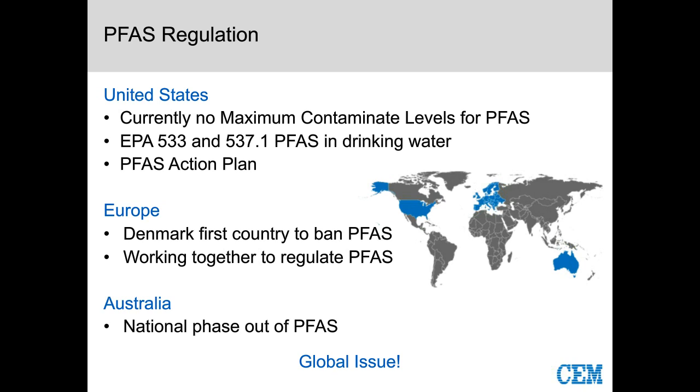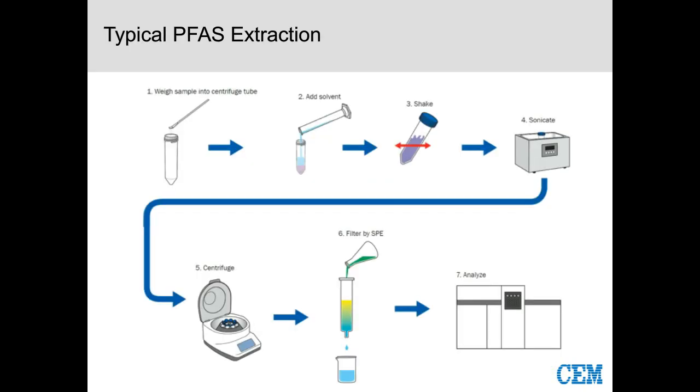So as I mentioned, I'm going to talk more about solid samples, and particularly going to focus on soil to start with. A typical extraction of PFAS for a soil sample would be what is pictured here. Essentially you would weigh about 1 gram of your soil into a centrifuge tube. You would then add about 8 mLs of methanol. That would then contain your surrogates at that point. You would shake for about 30 minutes, sonicate for 30 minutes, and then centrifuge for an additional 5 minutes.